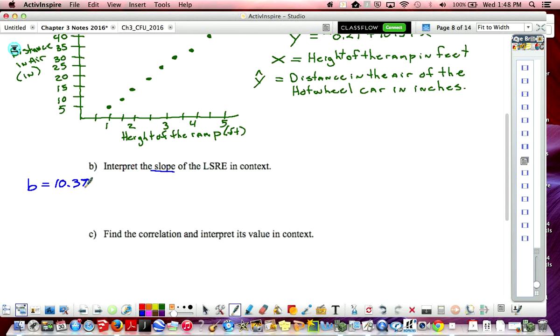So, what does 10.37 actually mean in the context? Well, for each additional 1x, this is what my y value is going up by.